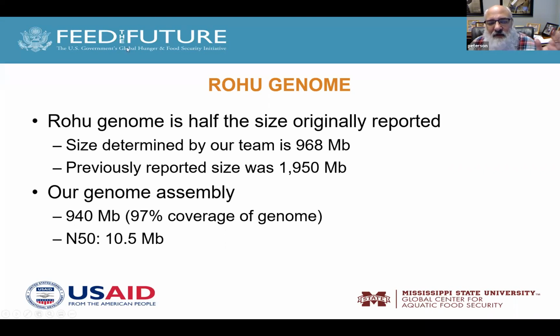This is roughly the length such that 50% of the pieces that we had were found in sequences greater than 10.5 million bases long. So we had some very large pieces, which was very good. Next slide.